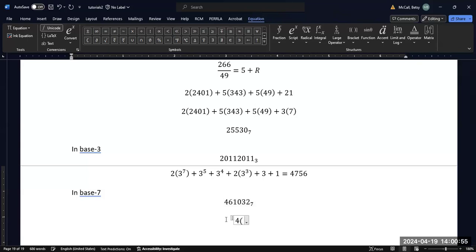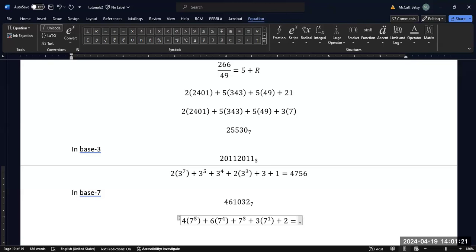So this will be 4 times 7 to the 5th plus 6 times 7 to the 4th plus 7 cubed, 0 times 7 squared plus 3 times 7 to the 1 plus 2.